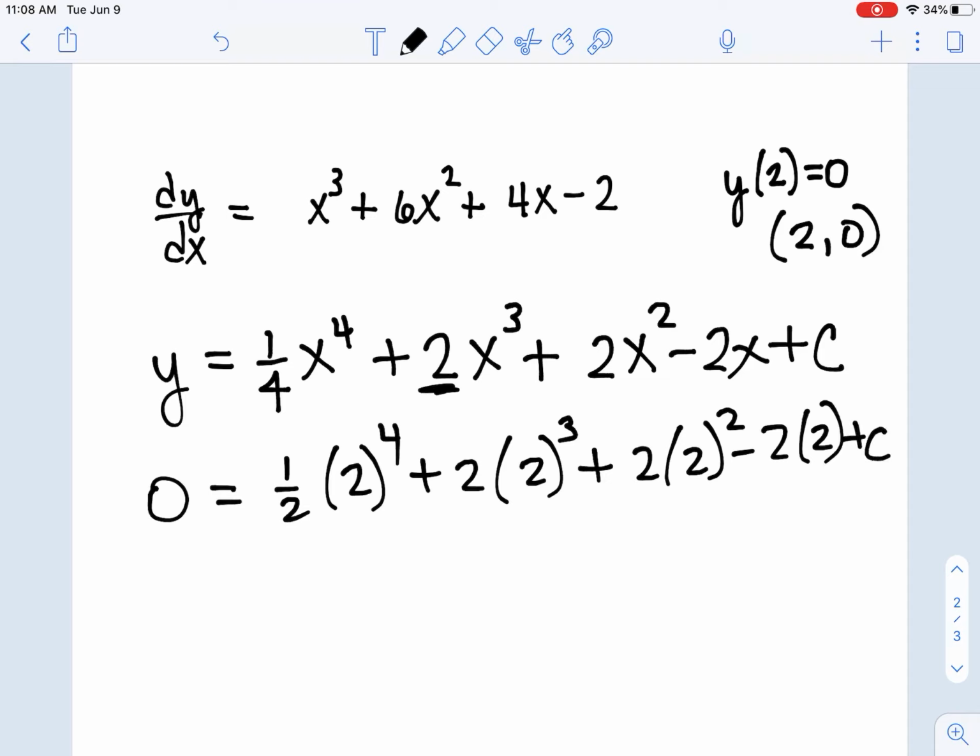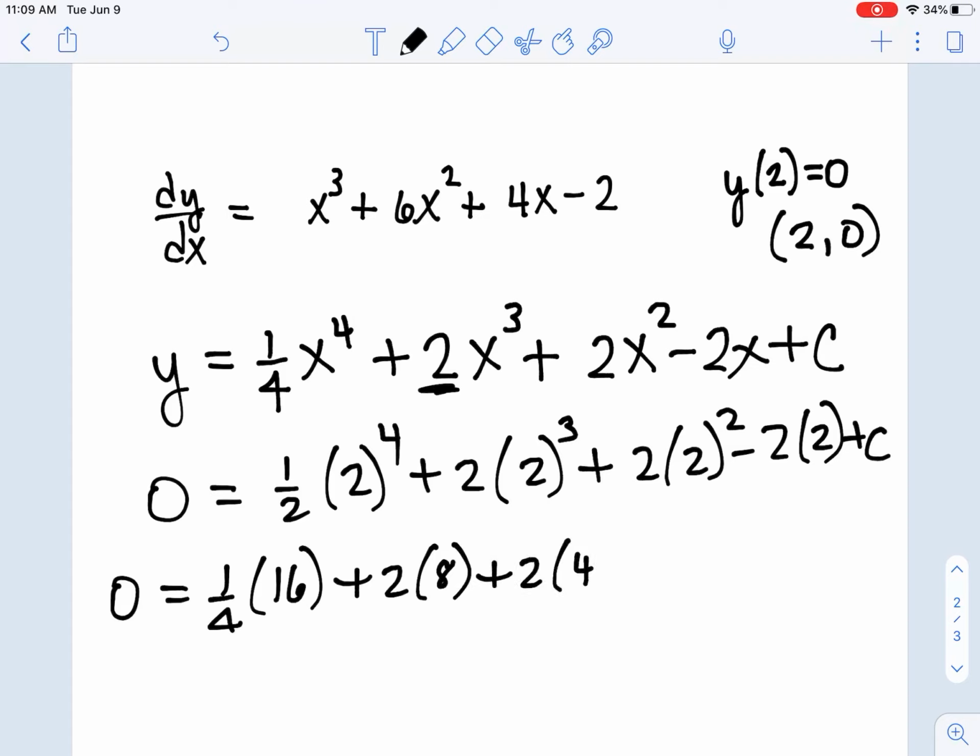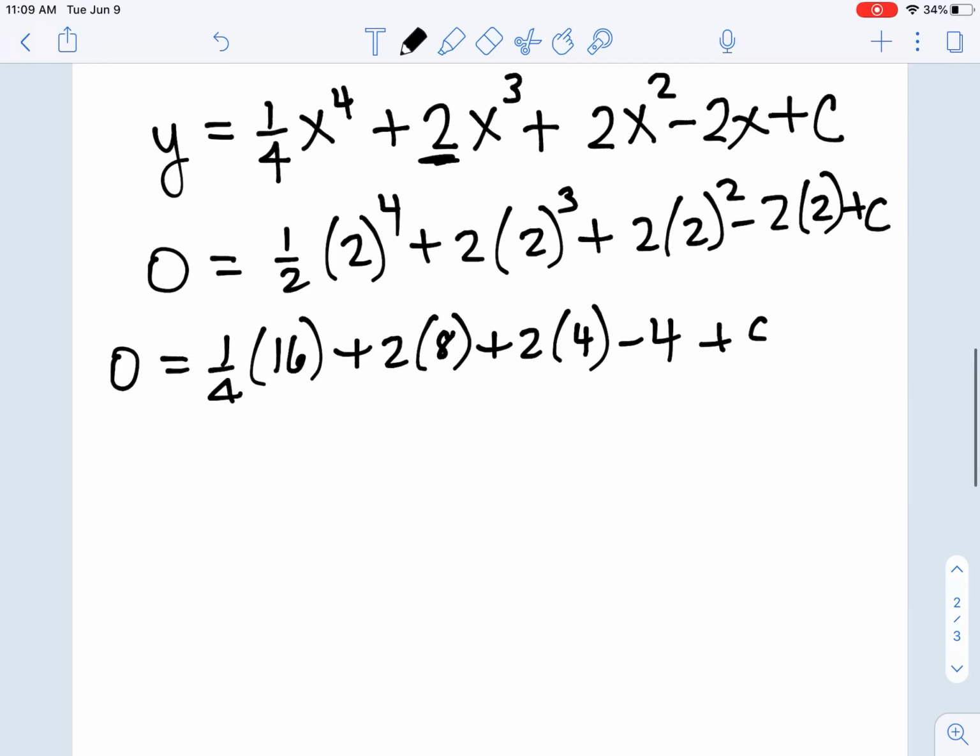Okay, so plus c. Then 0 equals 1/4 of 16 plus 2 times 8 plus 2 times 4 minus 4 plus c. I could just type this into my calculator, but I'll write it out. 0 equals 4 plus 16 plus 8 minus 4 plus c.